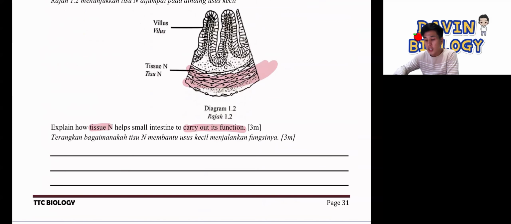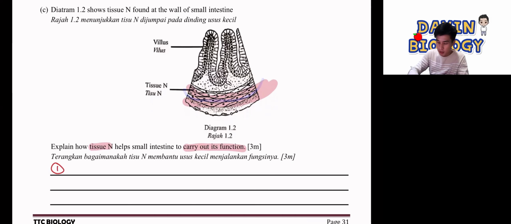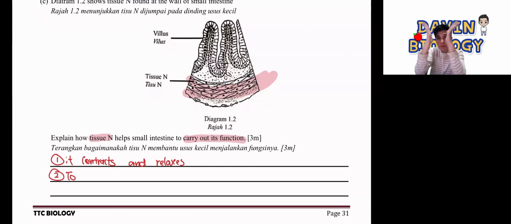So they're asking you how does this help, how tissue N helps small intestine to carry out its function. So you can see this is a smooth muscle here. So just like every muscle, it contracts and relaxes. Then like we've been writing for a few times already, to help push like that.